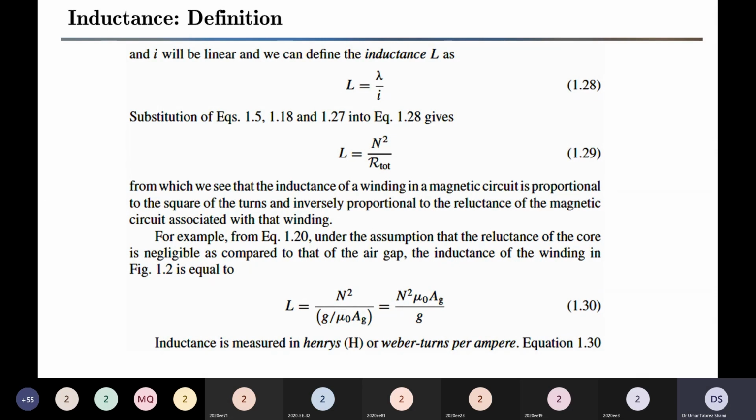And inductance then becomes N square over mu naught Ag over the air gap length, and the unit of inductance is expressed in Henrys or Weber turns per ampere. So the unit of inductance is Henry, or we can also write it as Weber turns per ampere.